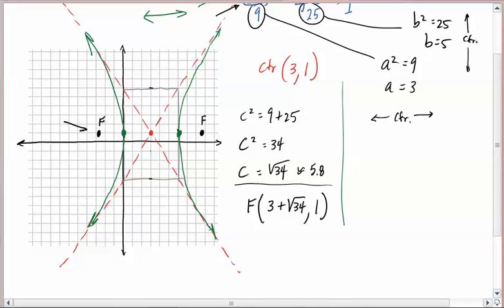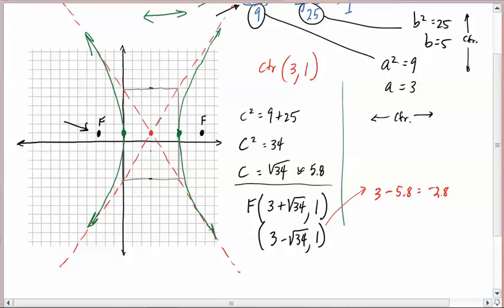Now let's take a look at this one here. The other one is take a 3, and we're going to subtract the square root of 34, and then we're going to go up 1. Now, again, when you do these that are maybe not quite as intuitive, when you mess with these that are like negative directions and things, you should actually plug the numbers in and see if it makes sense. So I'm going to say 3 minus 5.8. That's negative 2.8.